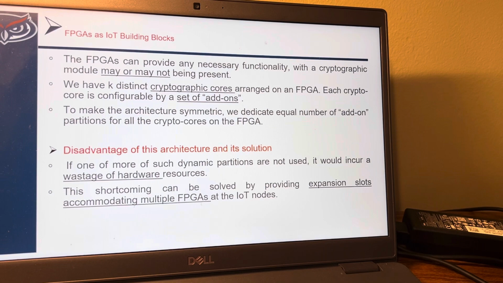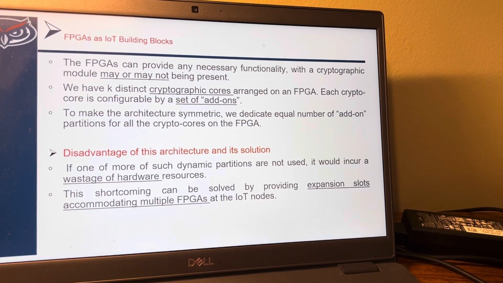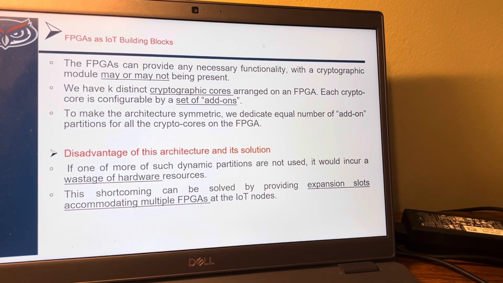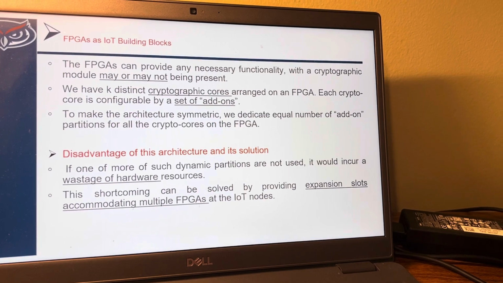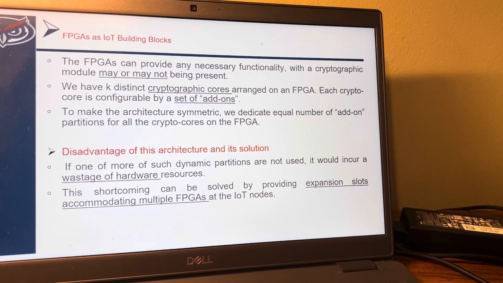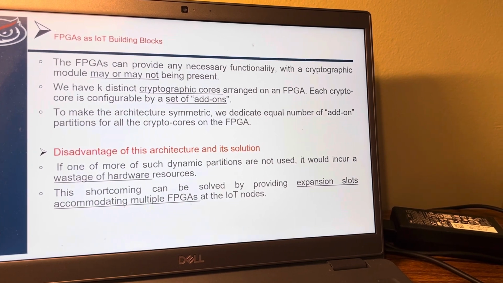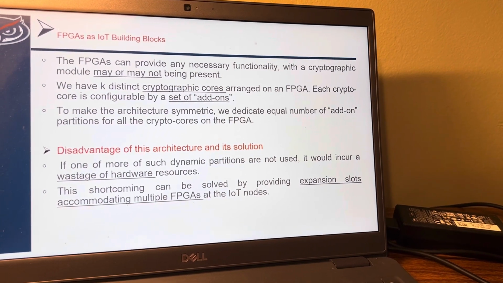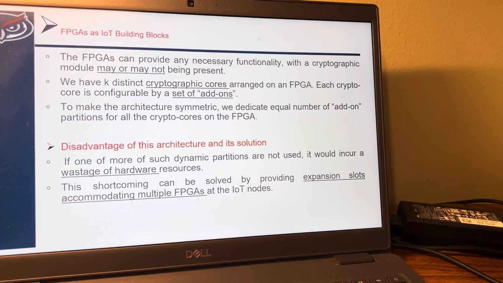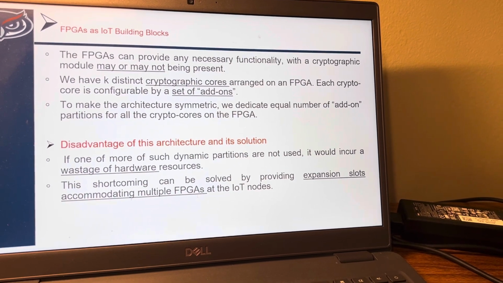Our architecture also has a disadvantage. The disadvantage of this architecture is that if one or more of such dynamic partitions are not used, it would incur a wastage of hardware resources.